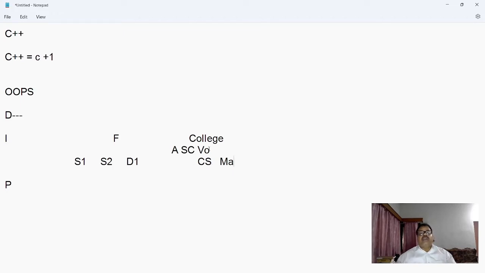In Vocational I now have to define the services related to vocational students without consideration of computer science or management.